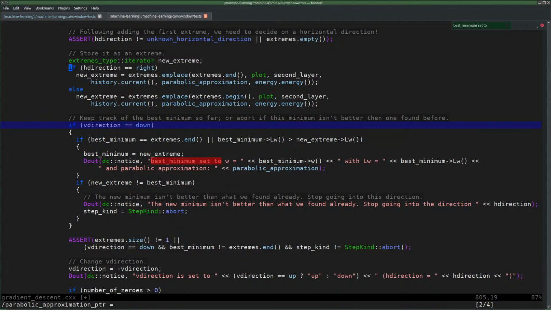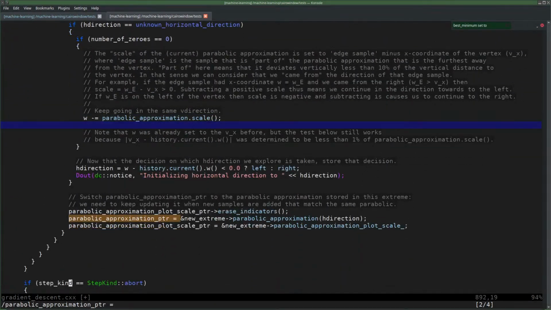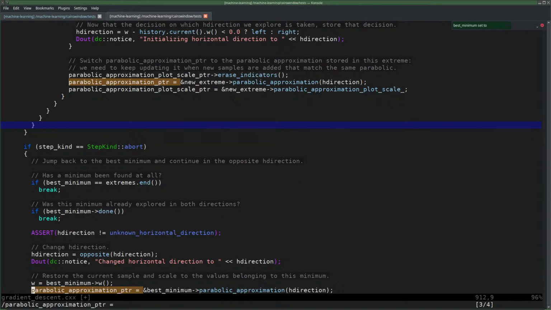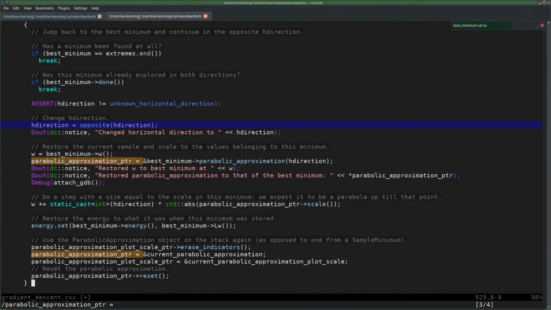Okay, so every time we find a new extreme and store that in extremes, then also the pointer points from that moment on to that extreme. And if something is aborted, then we jump to another best minimum, then it's very shortly set to that thing, but I immediately change to the stack again. So that's when you change the direction.